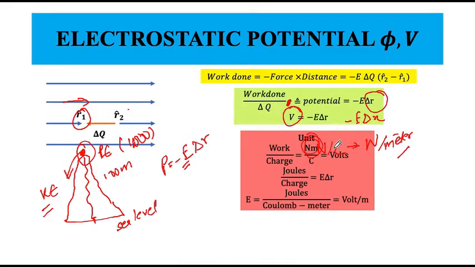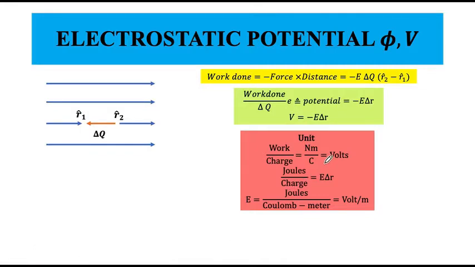But we have also seen that potential, right? This is the electric field. So work done per charge is the potential. And the SI unit of potential is measured in volts. So work done per charge is potential, which is measured in volts.